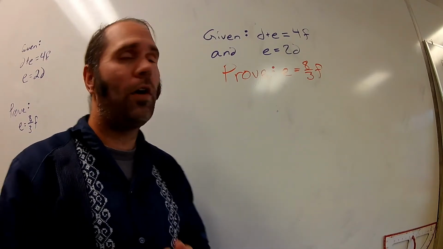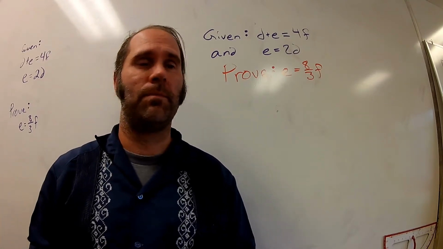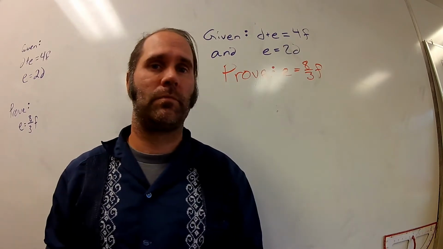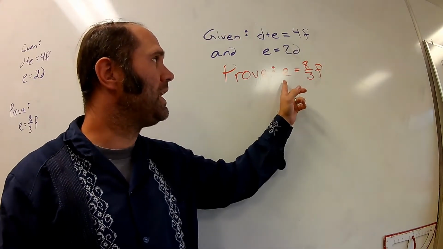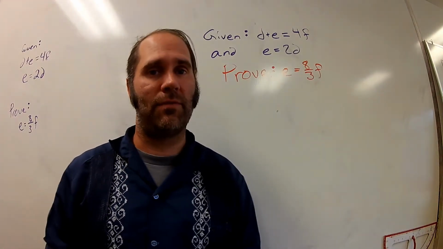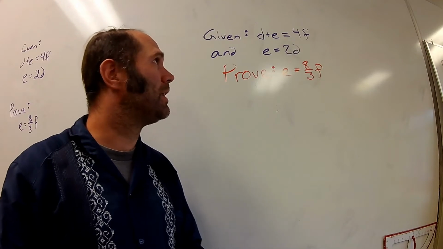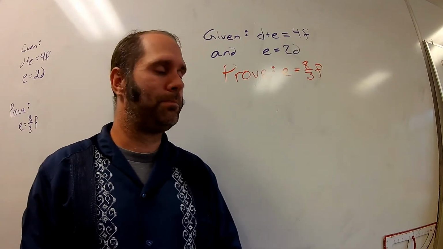And we are also assuming that E equals 2D. So we're assuming that these two things are true. What we want to do is prove that E equals 8/3 F. We don't know that yet. We can't say it is just by looking at the two equations. We need to prove it.